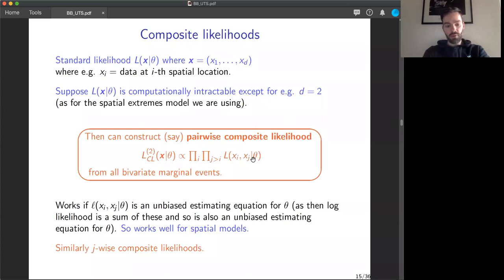This works fine because the log of the pairwise likelihood is an unbiased estimating equation for theta, and if we take the sum of these unbiased estimating equations, it is still an unbiased estimating equation for theta. So it works well for this kind of spatial problem. You can define exactly the same for a higher dimensional composite likelihood, like the J-wise composite likelihood.